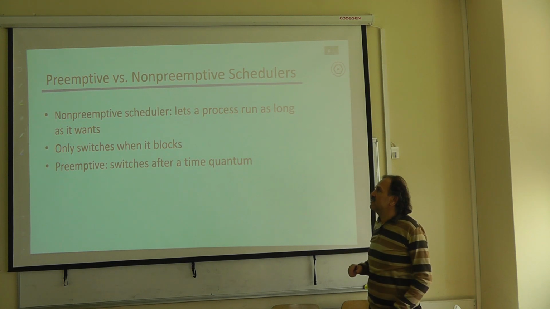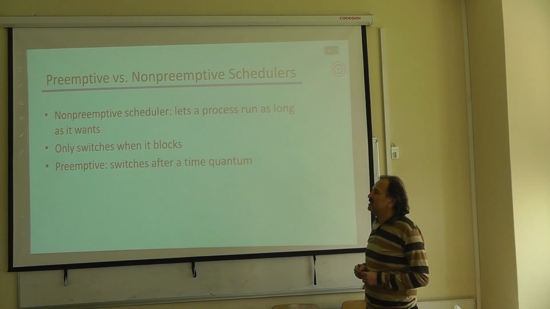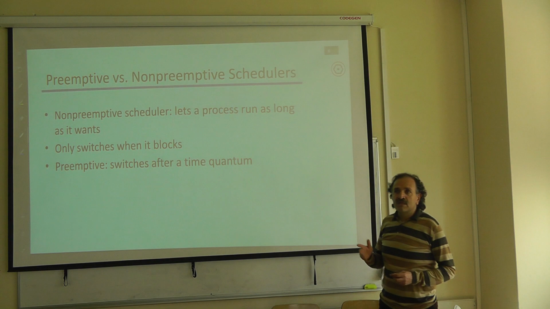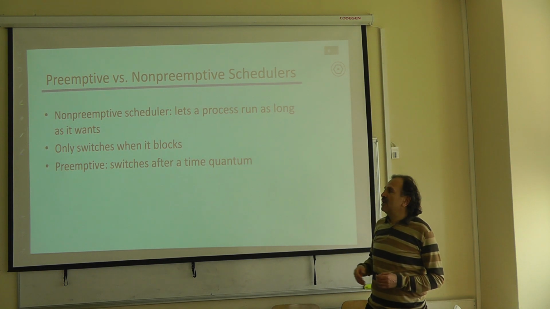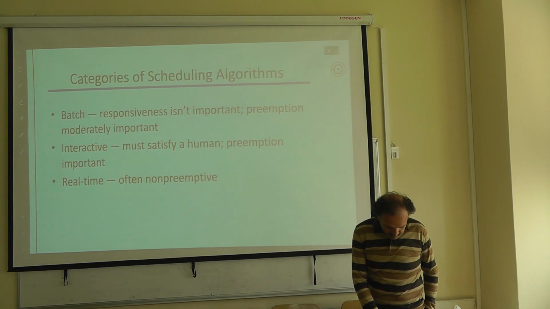After a process uses the CPU, we say it is enough, now some other process is going to use it. This is called preemption: suspending a process without the process being blocked.